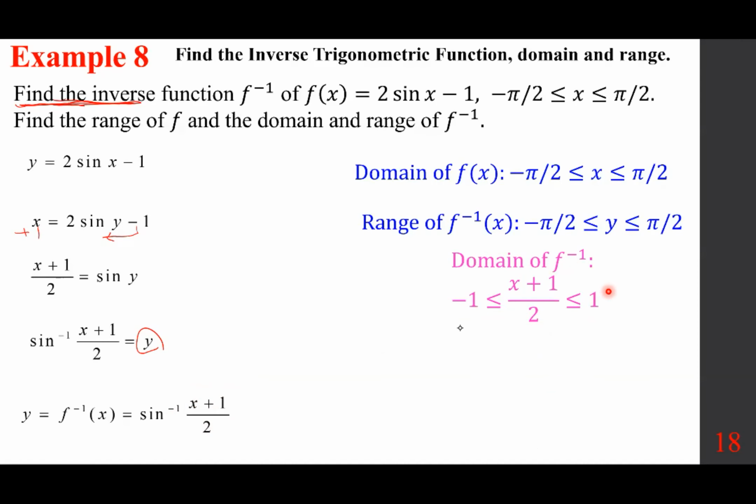This becomes negative 2, this goes away, this becomes 2. We are going to subtract 1. This is the domain of f inverse. Therefore, the range for f is the same thing.